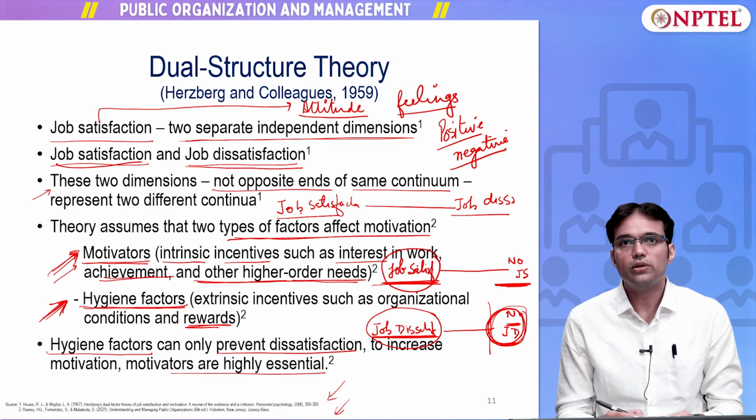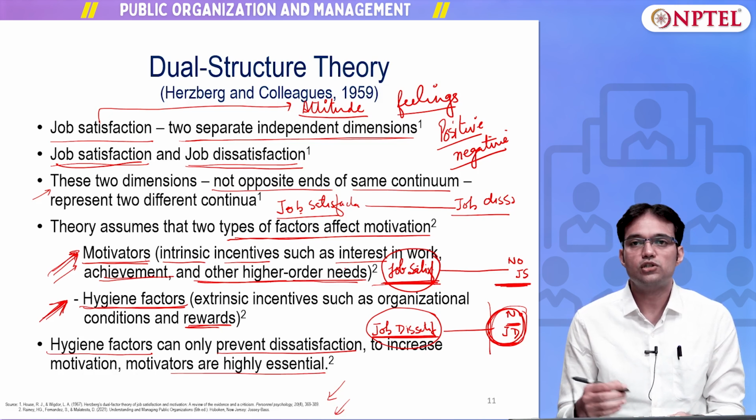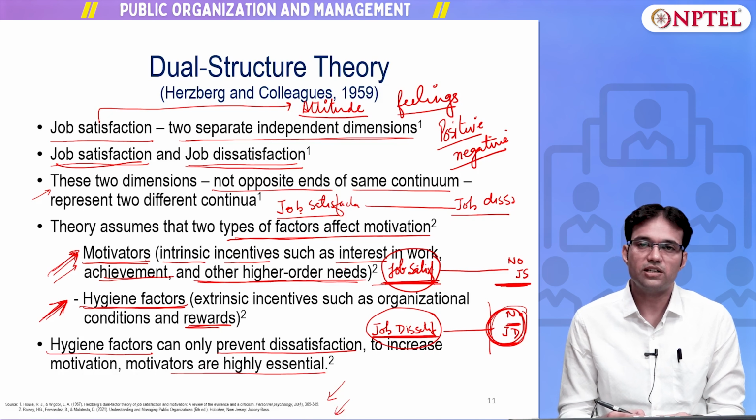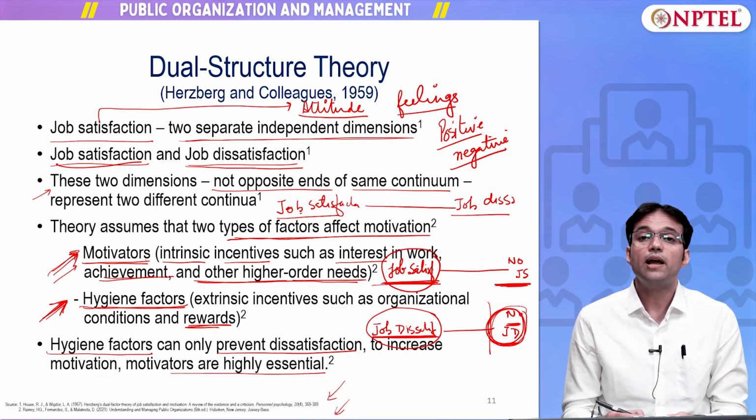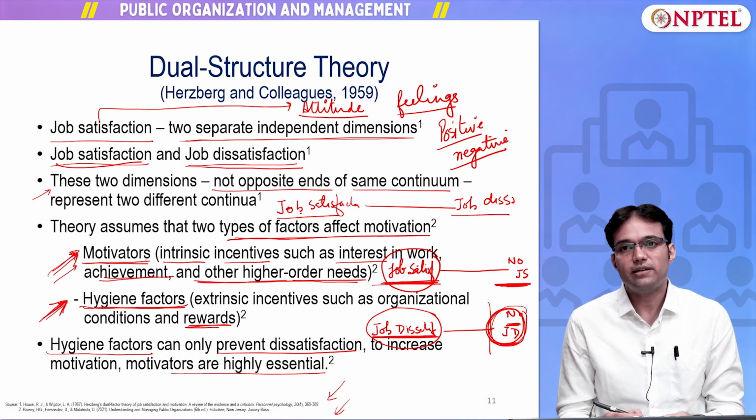We also talked about the dual structure theory proposed by Herzberg and colleagues, wherein we talked about the different kinds of factors which relate to either job satisfaction or job dissatisfaction, and we concluded that hygiene factors can only prevent dissatisfaction.